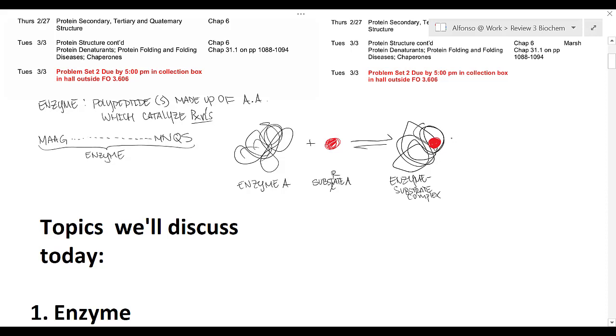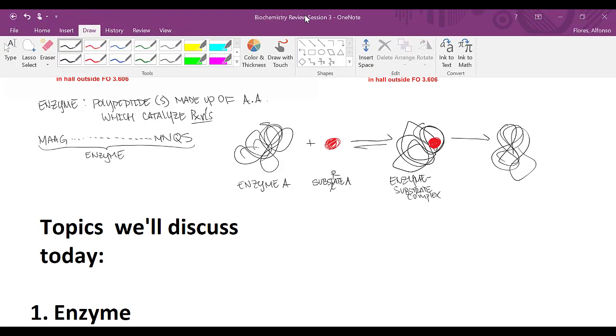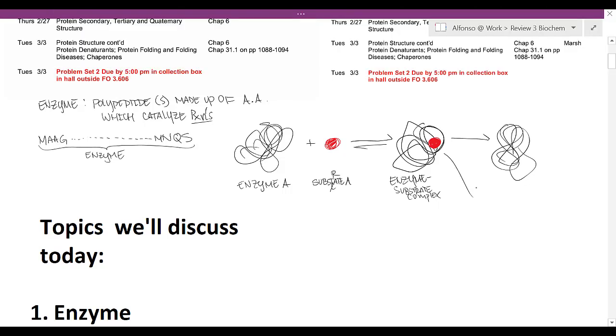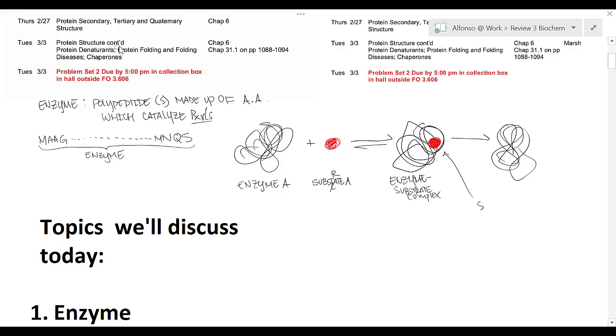And what happens next is the enzyme, once it's catalyzed a reaction, it releases this substrate, but it releases it as a product. So this is the product. It's this blue box. And don't worry if this is too general for now. We're going to do a lot of examples later on in this video, which will clear things up.